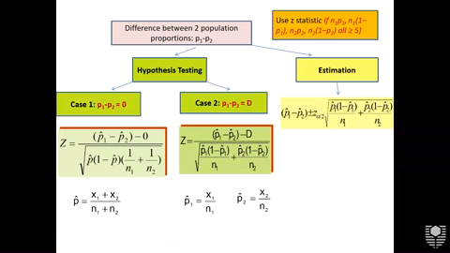If we're interested in estimation, that's the formula, same as before, estimation of the population proportion, but we're going to have an additional population because we are interested to see the difference between two population proportions. That's a quick review of what we have done last week, if you remember it.